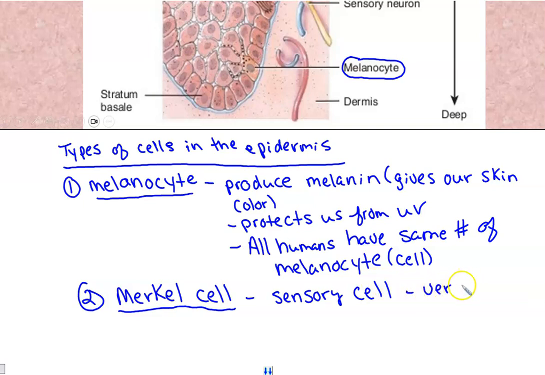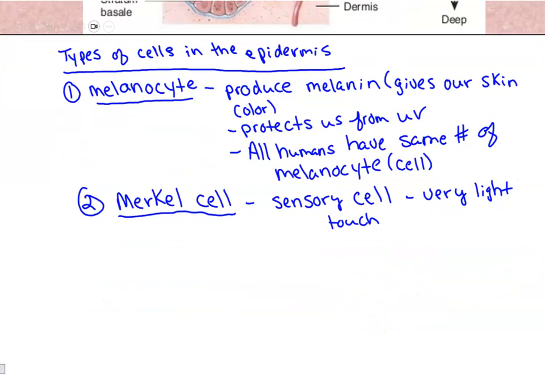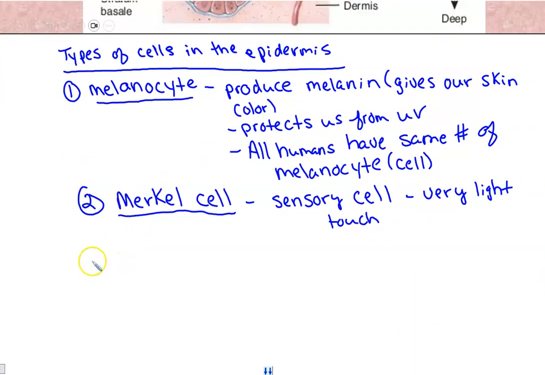And that's why they're up in the epidermis, very light touch. They're a sensory cell that's picking up if you've got something crawling on you or something. That's usually a Merkel cell picking up that information. And we'll see those Merkel discs that are on those cells in another video.